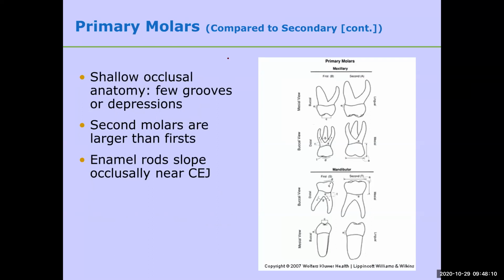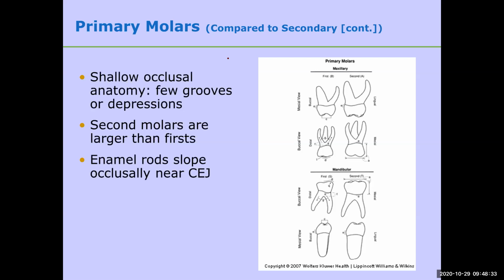The architecture, the occlusal anatomy, they have fewer grooves and depressions. They're not as geographic. The second molars are larger than the first molars. We're talking deciduous. And the enamel rods slope occlusally near the CEJ.